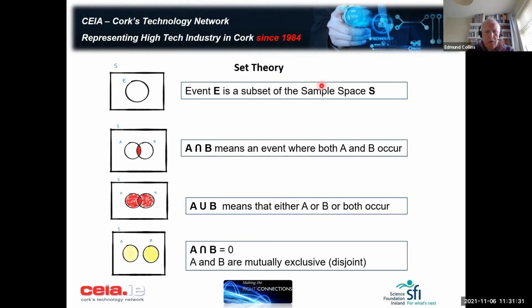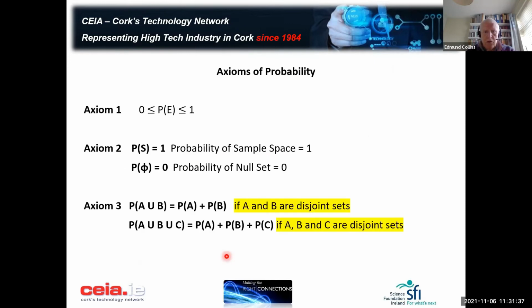You'll see this is going to come up later. Likewise, if we have three sets, A, B, and C, then the probability of A or B or C is the probability of A plus the probability of B plus the probability of C, if A, B and C are disjoint sets, and so it goes on. So that's an important axiom to remember.